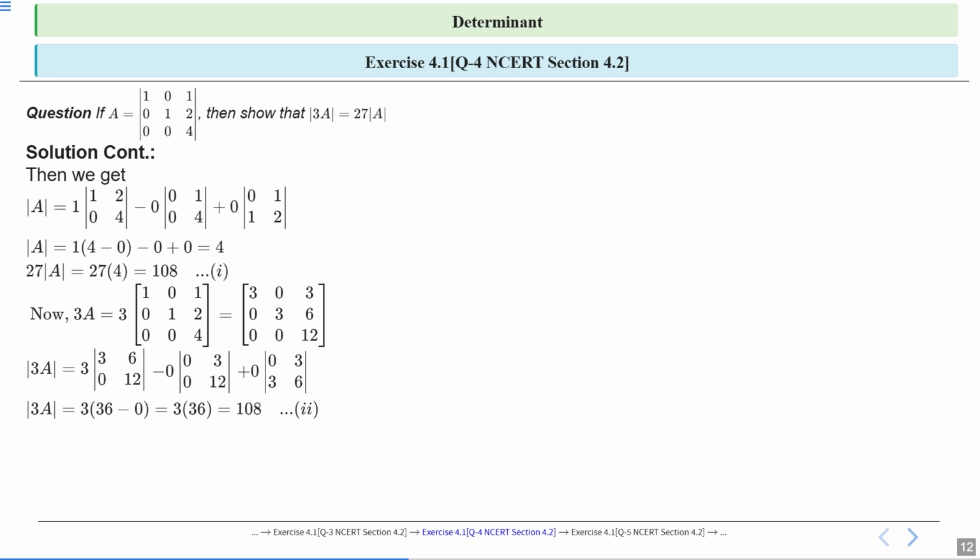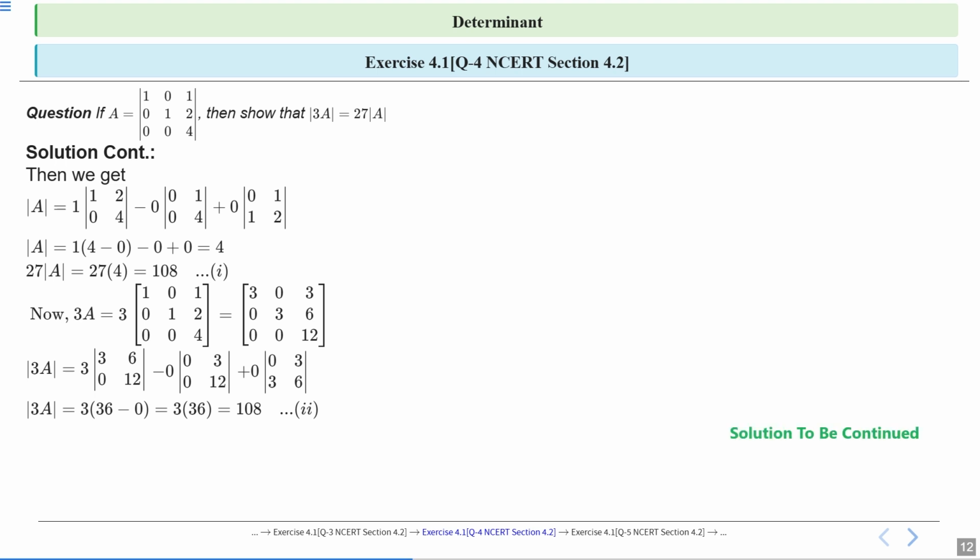For the first part, 3 into the determinant of 3 6 0 12, and the determinant of a 2 cross 2 is the product of diagonal elements minus the product of off-diagonal elements. So 3 into 12, that is 36, minus 0. So 3 into 36 is 108.